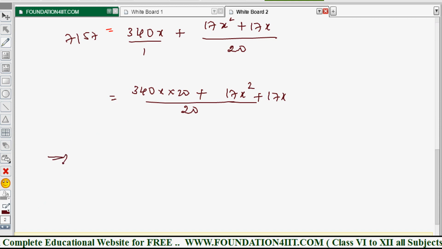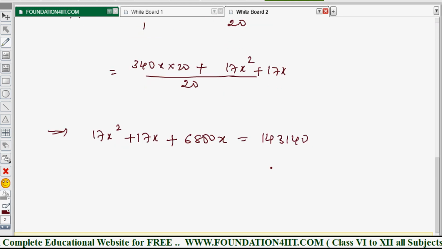Then if you simplify everything you get 17x square plus 17x plus 340 into 20, that is 6800x, equal to 20 into 7157, that is 143140.